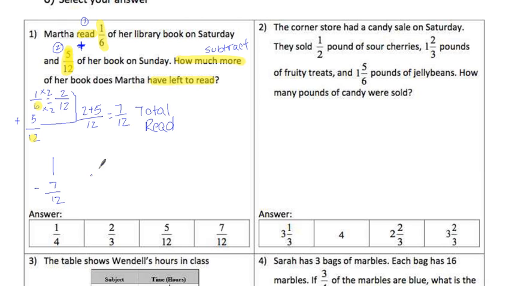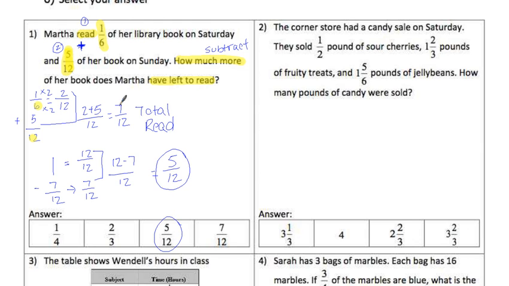So because this denominator is 12, we're going to make it 12 over 12, because 12 divided by 12 would just be 1. And so this 7/12 is just going to get drug over. And I'm going to subtract 12 minus 7, and it's over 12. 12 minus 7 is 5 over 12. So I have 5/12 of my book left over to read.